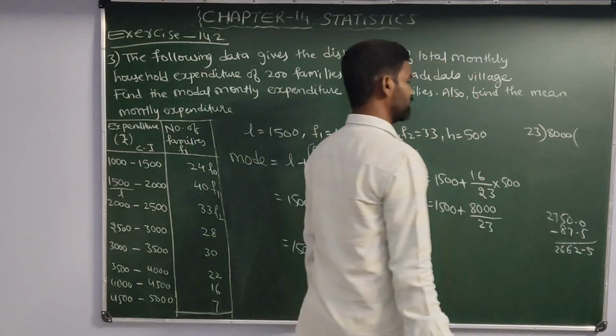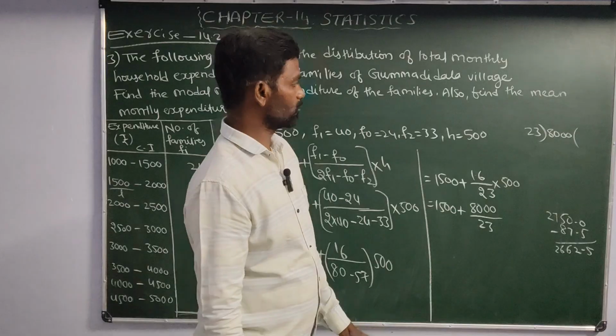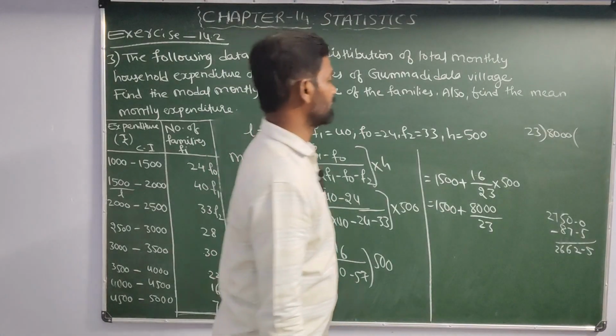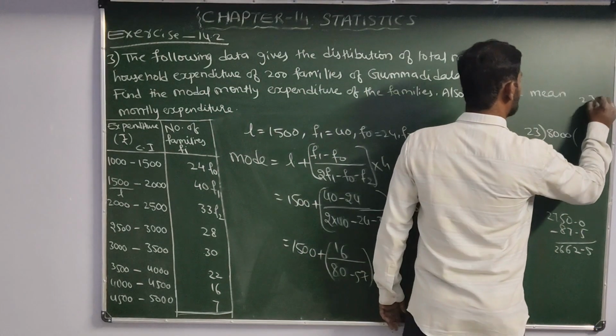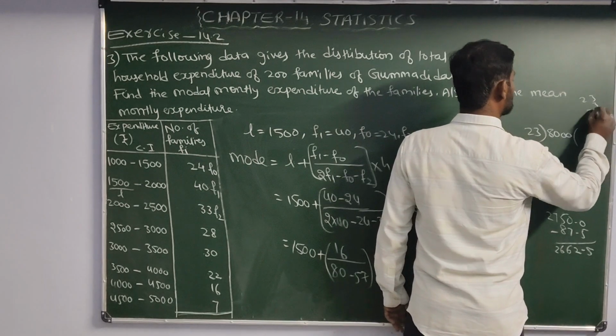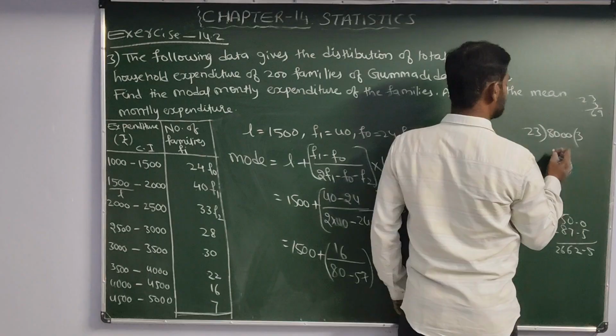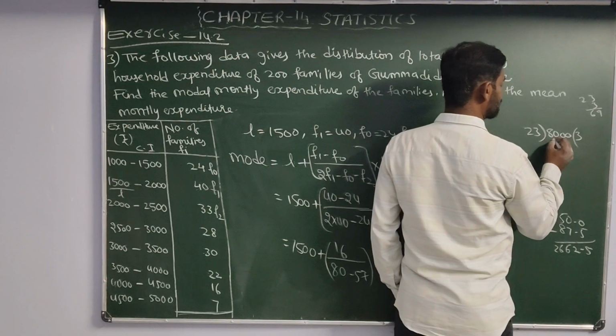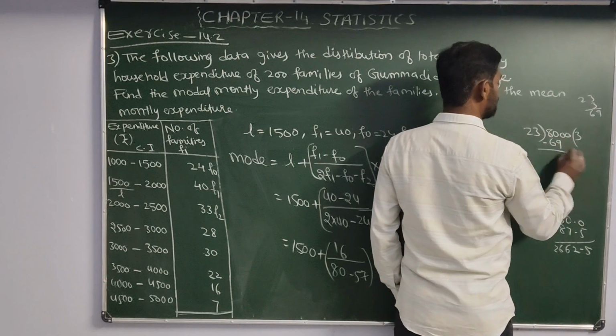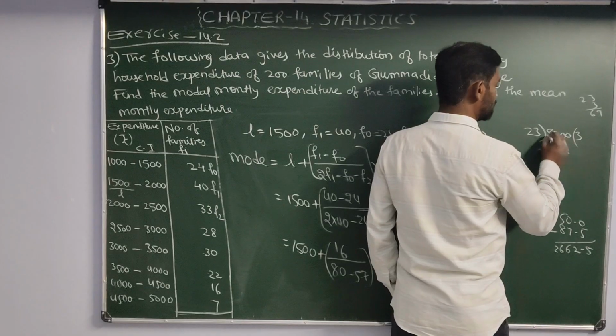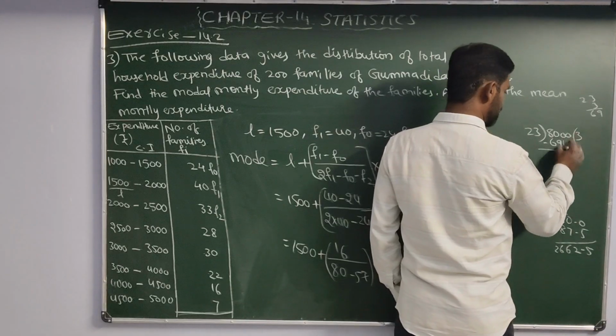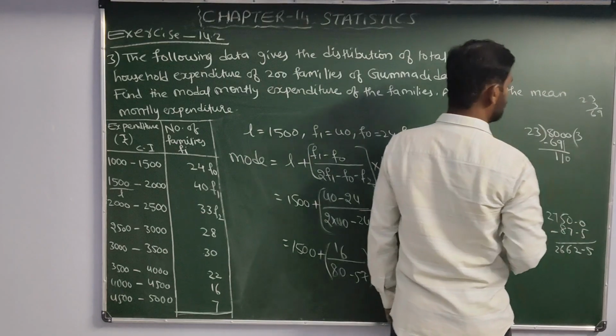23 ones are 23, 23 twos are 46, 23 threes are 69. 10 minus 9 it is 1. 7 minus 6 it is 1. Take this 0 here. 110.